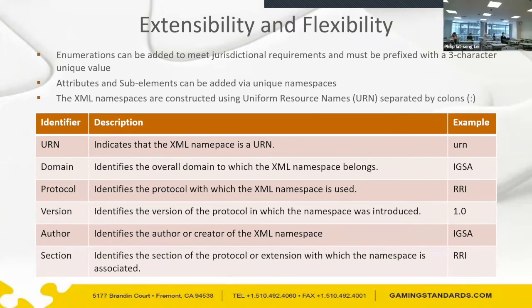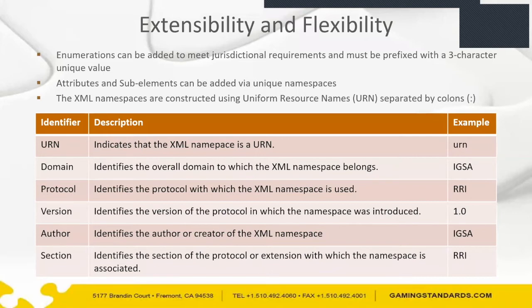Because quite frankly, maybe a jurisdiction does not have sports. Maybe they only do land-based and online gaming, or a jurisdiction might only have land-based and lottery and no online. So they don't need to implement the whole RRI protocol. So we built that flexibility in there.